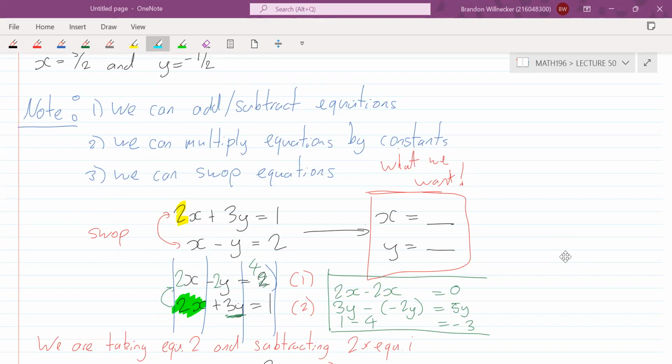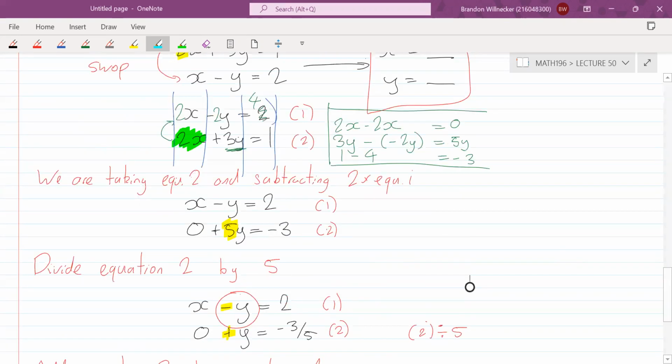And we have these three rules that we can do, or the three operations that we can do. We can add or subtract equations, we can multiply or divide by constants, and we can swap equations. So since the first equation needs to be x equals something, we swapped the two equations so that the x was at the top. Okay.